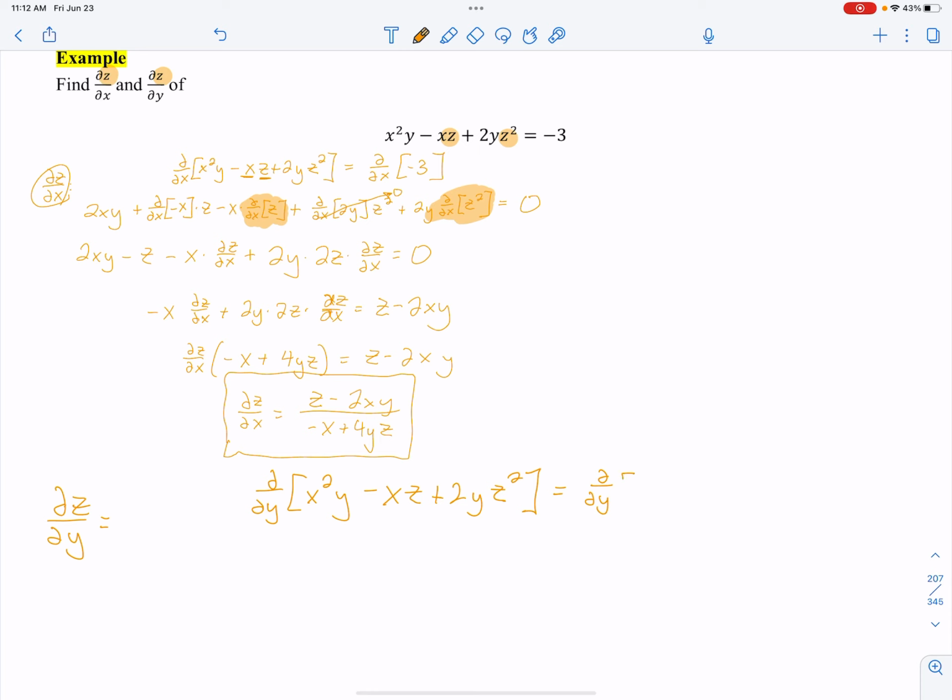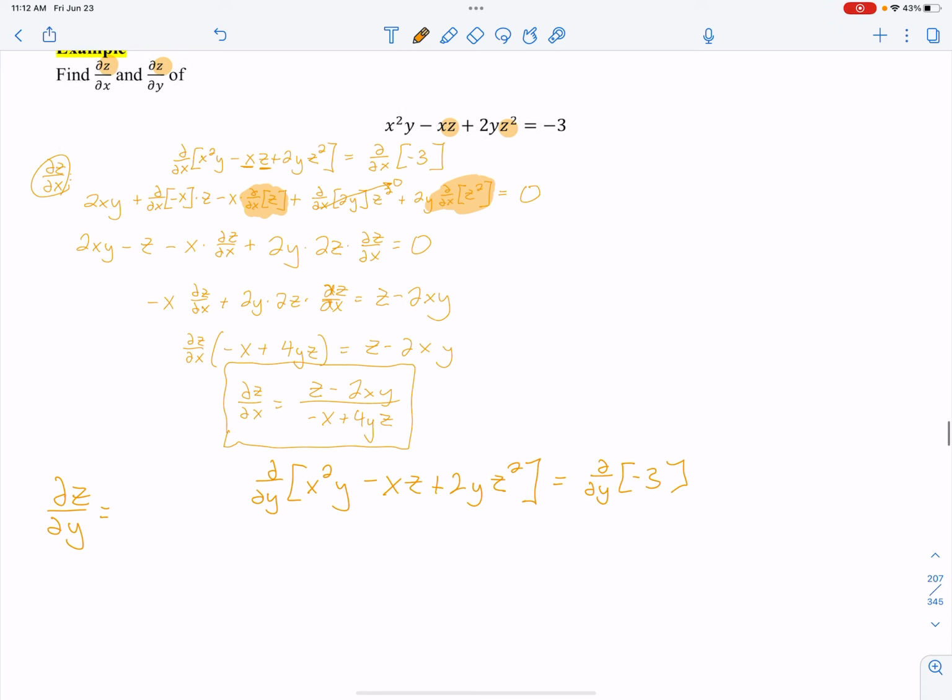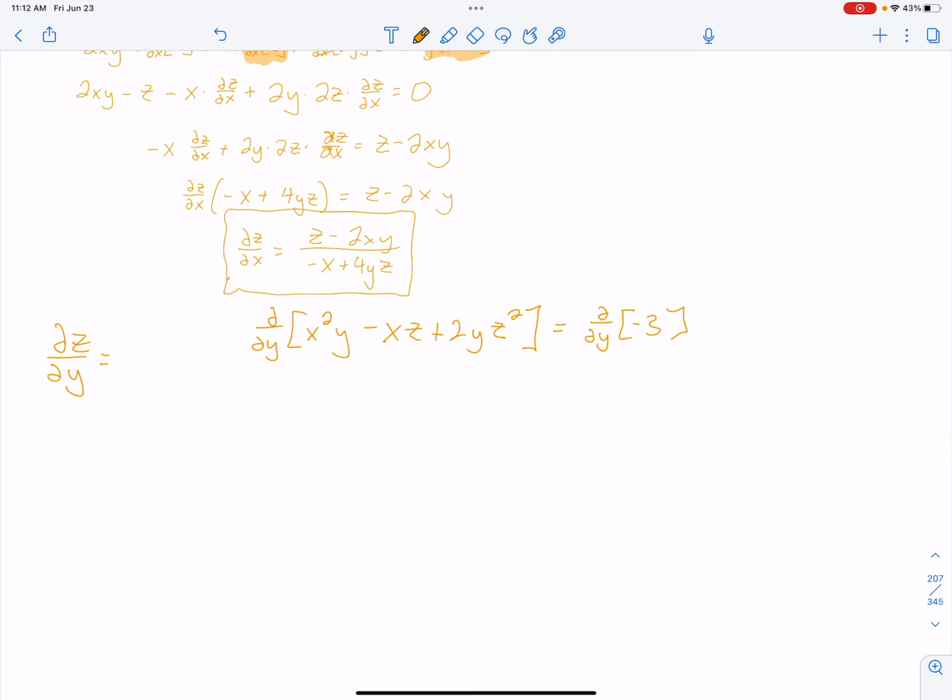All right. A lot of things are going to work out the same way. This first one with respect to y is just an x squared, a constant. And then I'm going to break this one down so I don't mess it up: ∂/∂y of negative x times z, minus x times the partial with respect to y of z. Scoot this over.